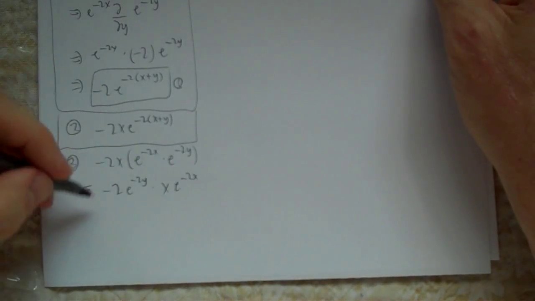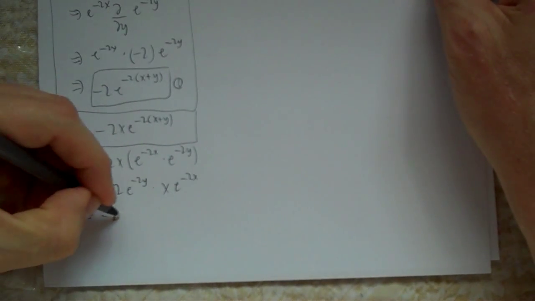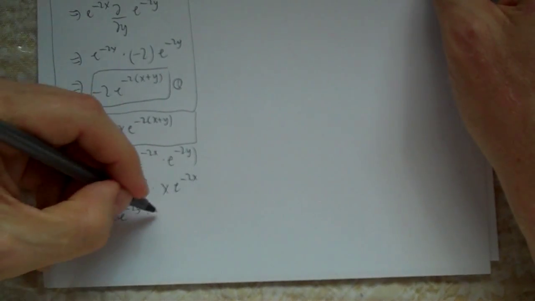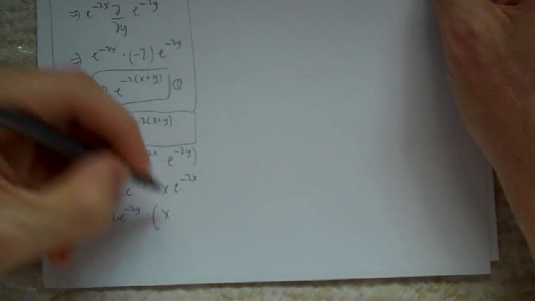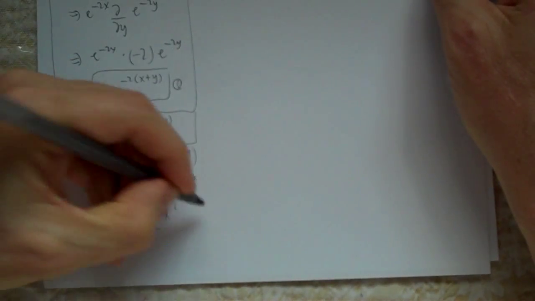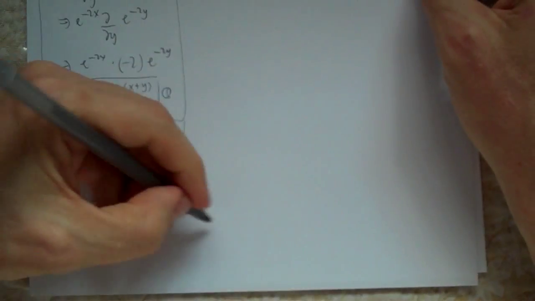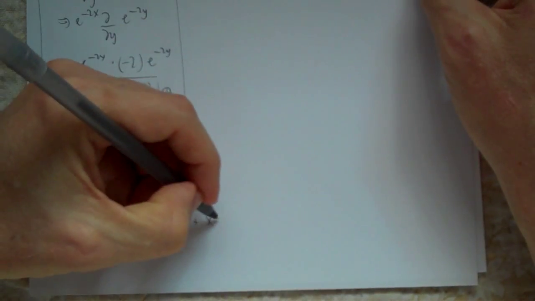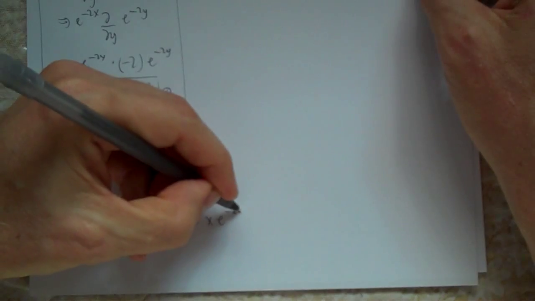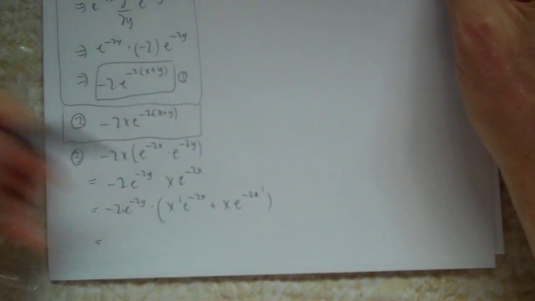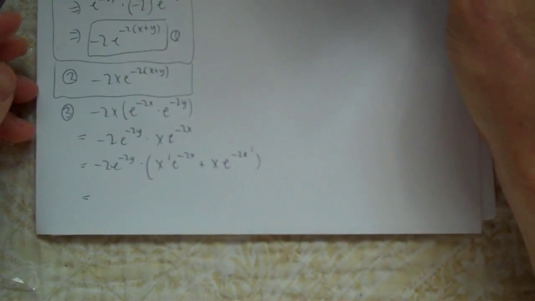So this is equal to minus 2 e to the minus 2y times x prime e to the minus 2x. That's a prime right there, careful, right? Plus x e to the minus 2x prime, right? I'm just using that prime to remind myself that I haven't differentiated that yet, but I'm about to.